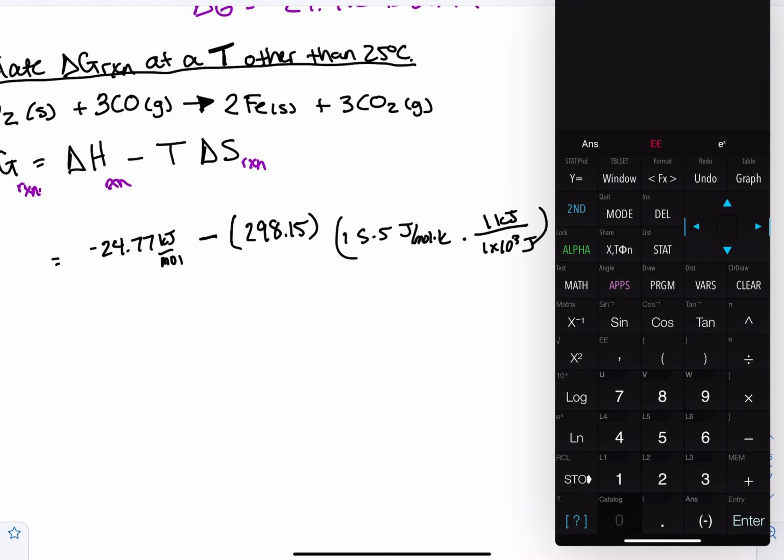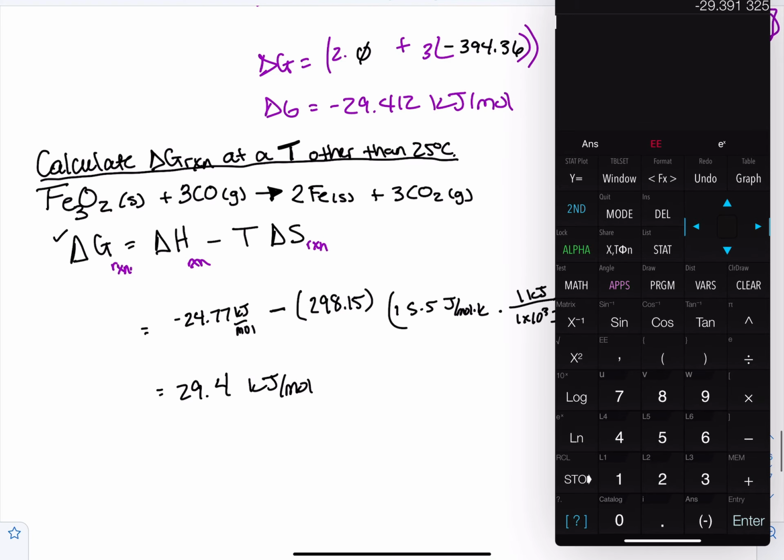Divided by 1E3. And my term should come out to be 29 point, it depends on how many sig figs you want to carry it over with. We're going to say 3 at this point. And that is my value in kilojoules per mole. And let's see how close we were. And I left off my negative here. Look right there.